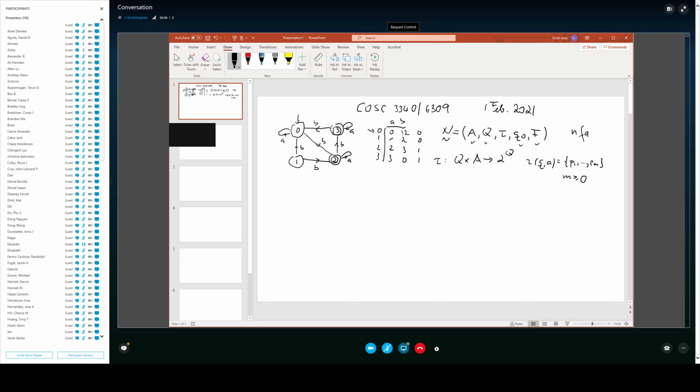And then if we go further to state 1, under A, there is no transition, so there is nothing there.